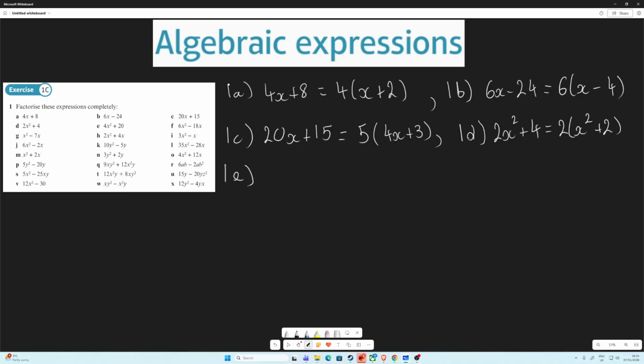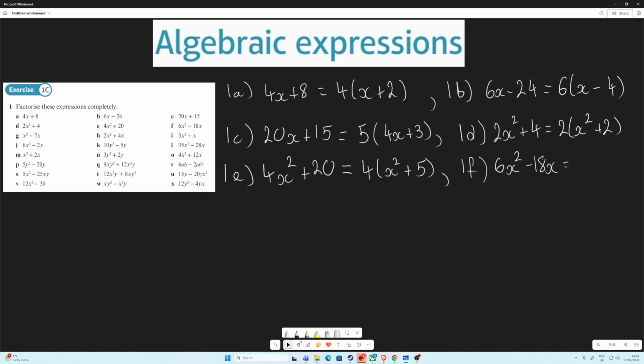1e. 4x squared plus 20. Largest common factor is 4, so let's take 4 to x squared plus 5. 1f. Okay, 6x squared minus 18x.